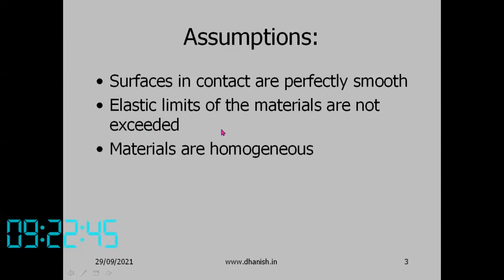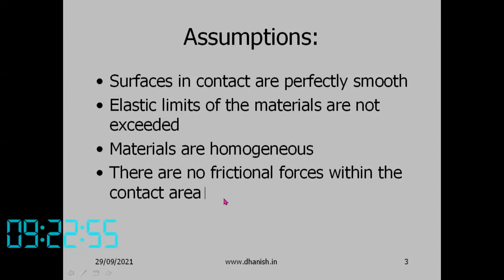There is no plastic deformation. And the materials are homogeneous, so material properties do not change; they are the same at all positions. These are all reasonable assumptions. Then frictional forces within the contact area are neglected. When you contact two surfaces, there will be some frictional forces also because of roughness and all, but we are assuming it is perfectly smooth and there is no friction.